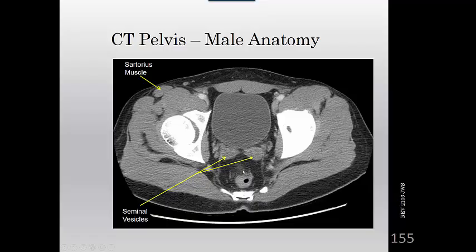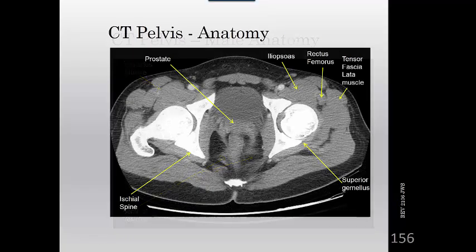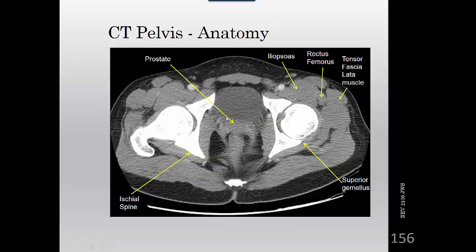For the male, this is a slice for the male anatomy. It's showing the seminal vesicles here coming in on both sides, right behind the bladder. And this is the sartorius muscle here. It'll be coming in over here in just a second. There it is. So we have the prostate, which is here, and then here's the bladder.